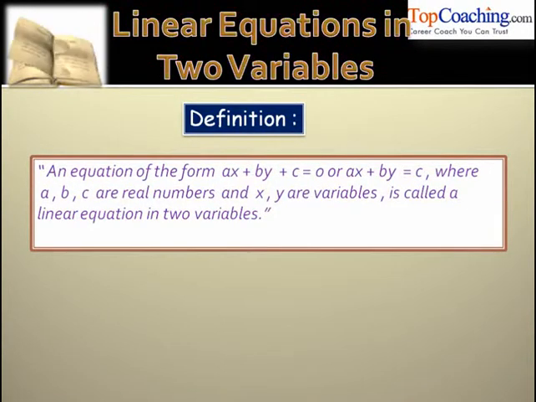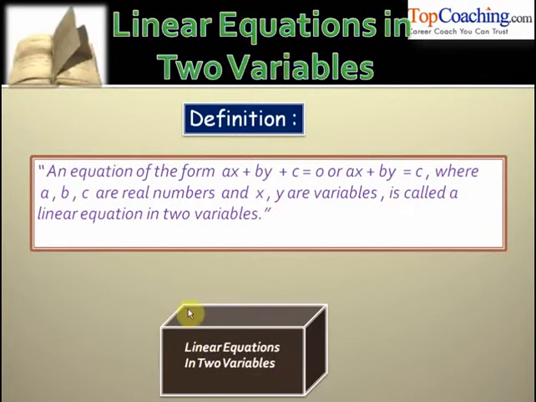So a linear equation in two variables is actually of the form ax plus by plus c equal to 0, or this could be written as ax plus by equal to c. Here a, b, c are real numbers, that is the coefficient of x, coefficient of y, and the constant term are all real numbers, and x comma y represents the variables, is actually known as a linear equation in two variables.